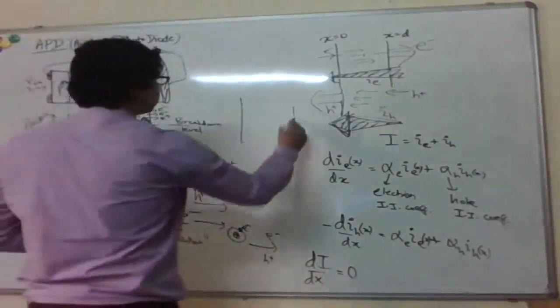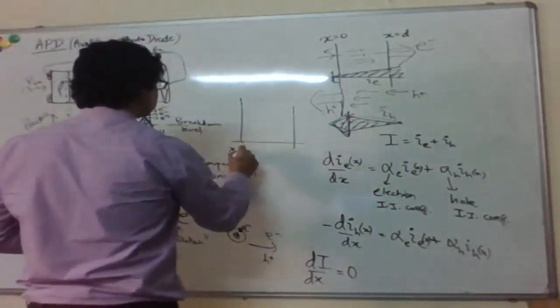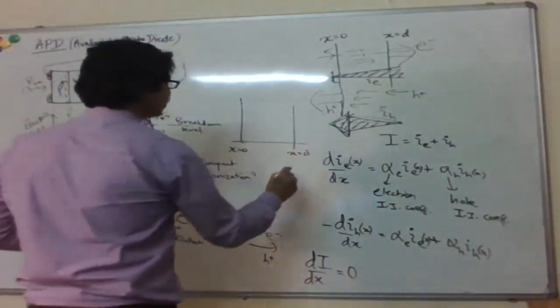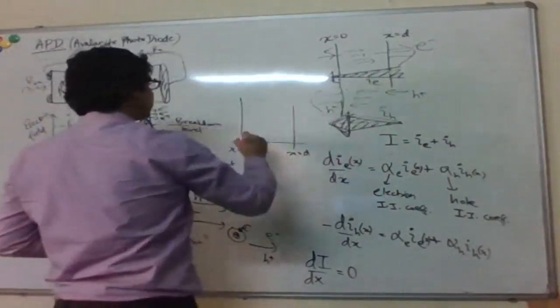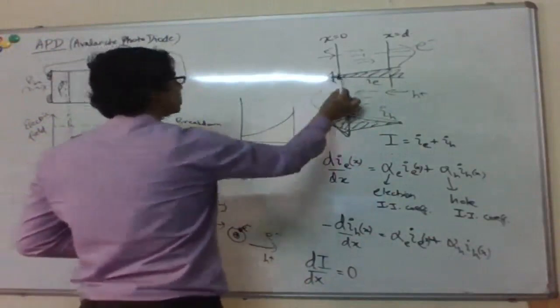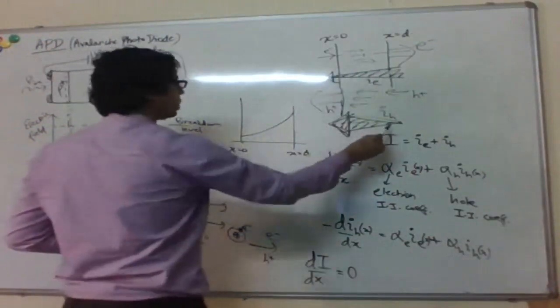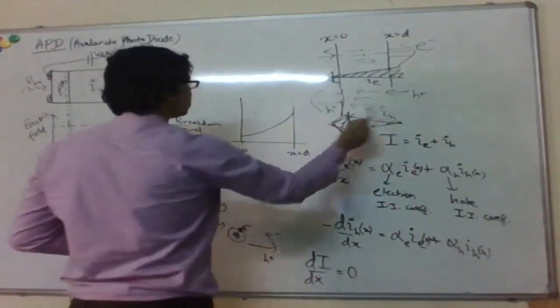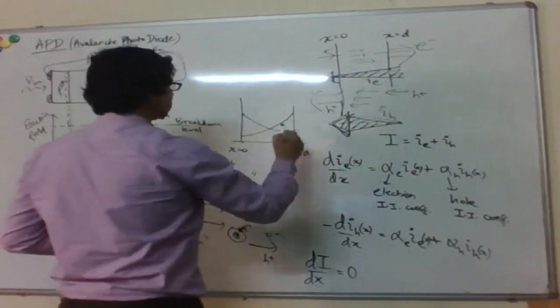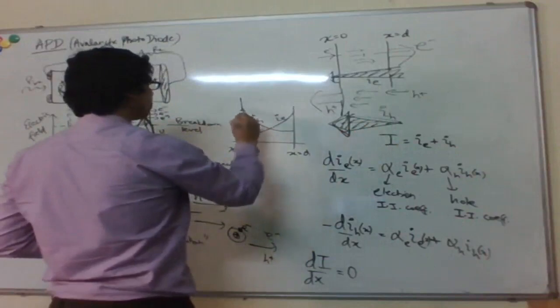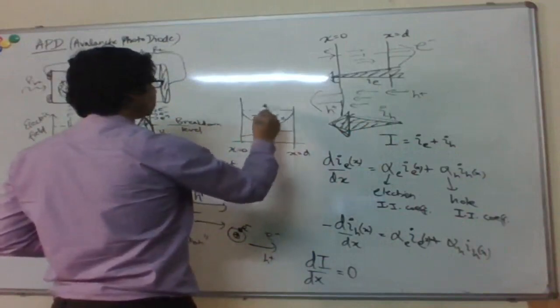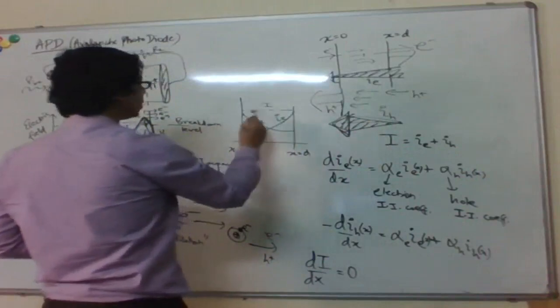In other words, if I look at this multiplication region, the electron current is going up from this side to this side, but the hole current is going down from this side to this side. If you add both of them, you get something which is independent of position.